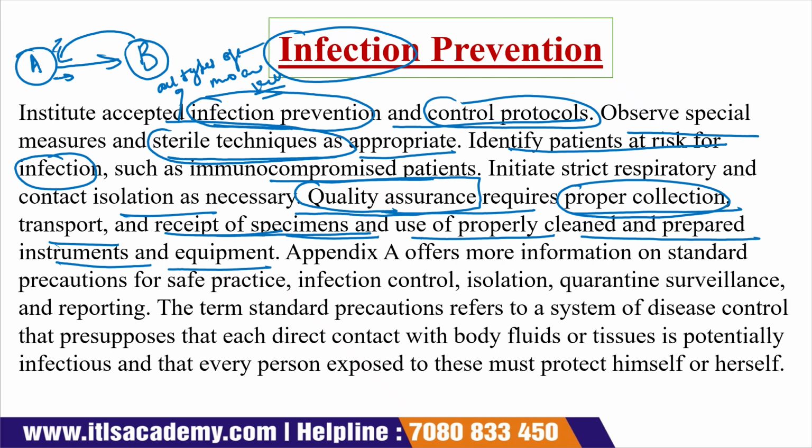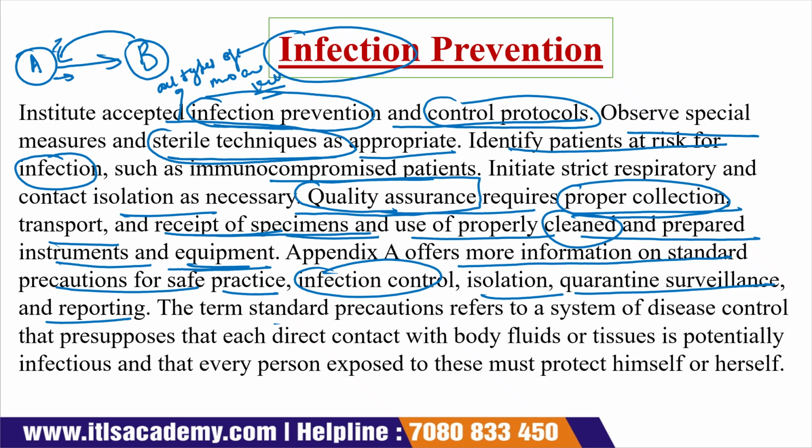And receipt of the specimens. The receipt should be mentioned on the specimens, and we have to use properly cleaned and prepared instruments and equipment for handling the infected specimen. Appendix A offers more information on standard precautions for safe practices, infection control, isolation, quarantine, surveillance, and reporting.